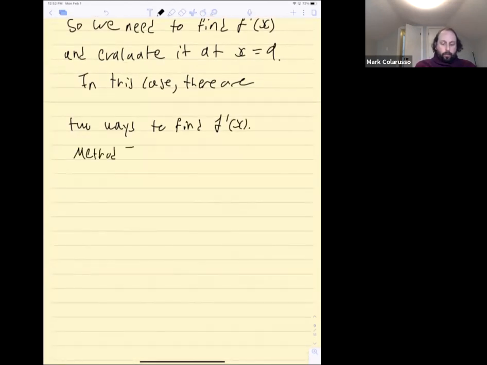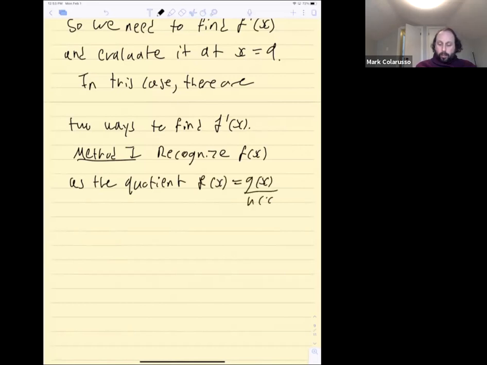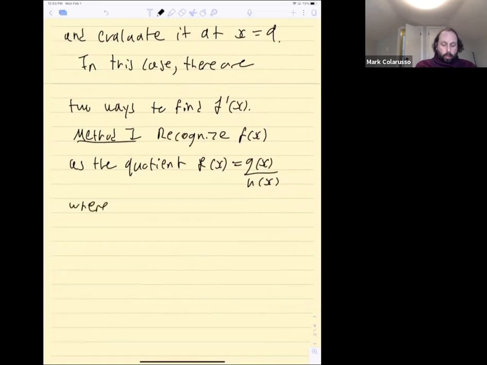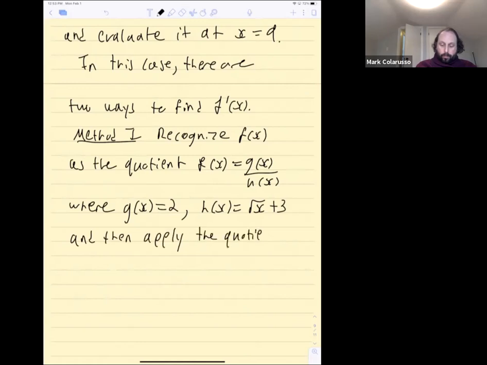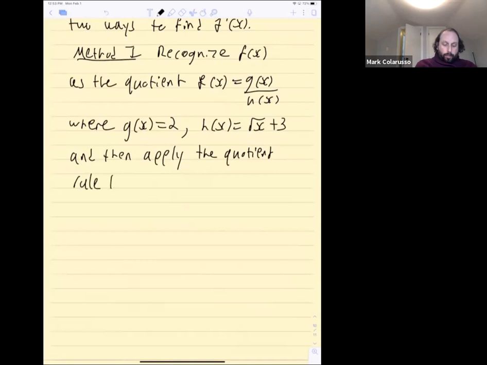Method 1, recognize f at x as the quotient f at x equals g at x over h at x, where g at x is the constant function 2, and h at x is the function, the root of x plus 3, and then apply the quotient rule to find f prime.